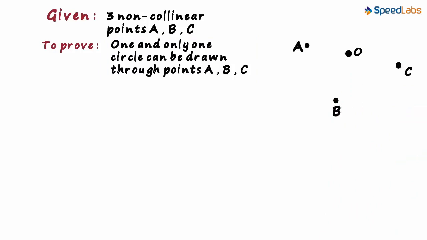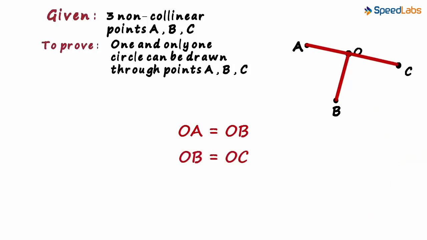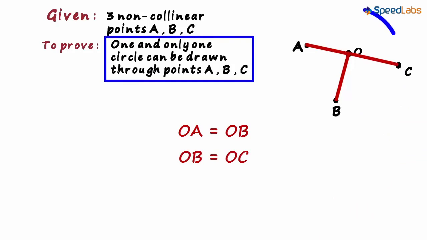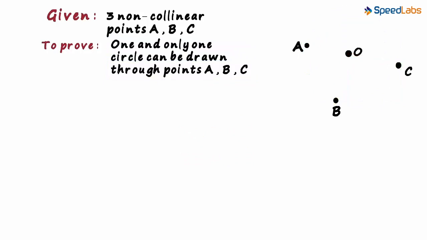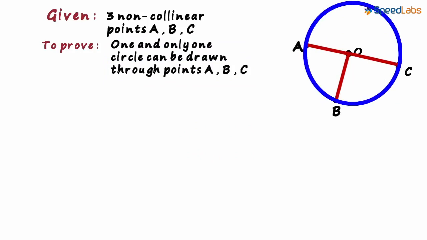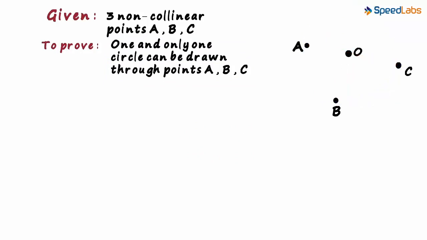If we successfully prove that OA will be equal to OB, which will be equal to OC, then we will be able to say that one circle passes through points A, B and C, because all 3 segments OA, OB and OC will be the radii of the circle. But how do we get this point O is the question.